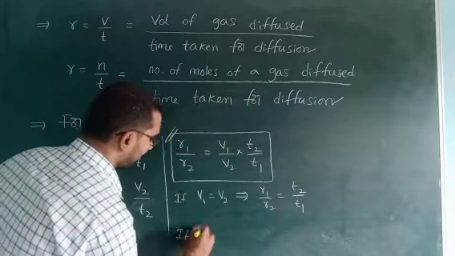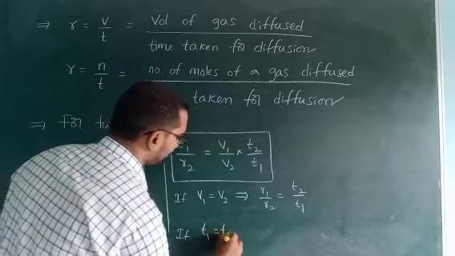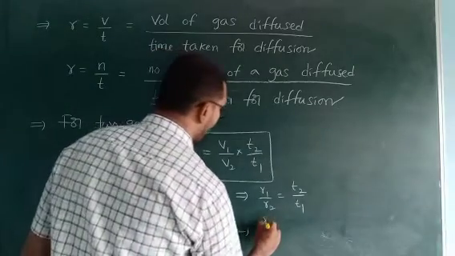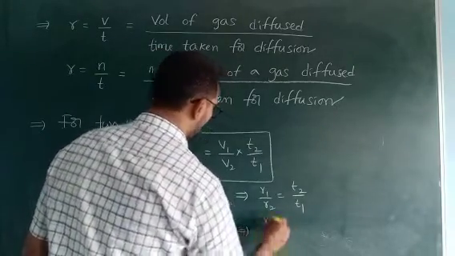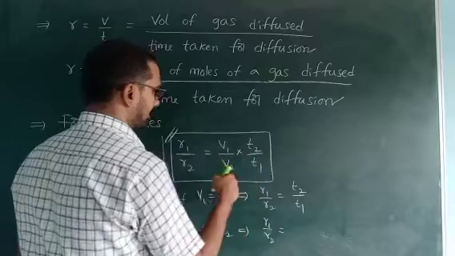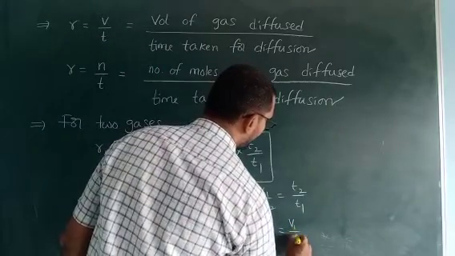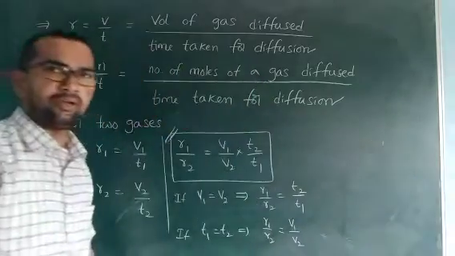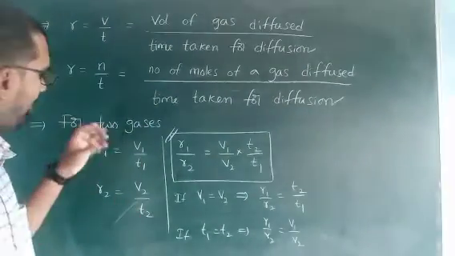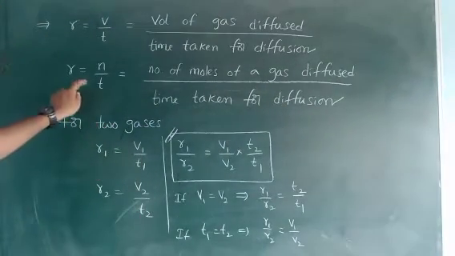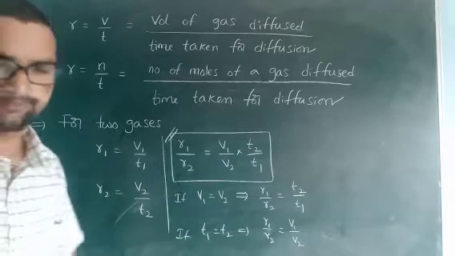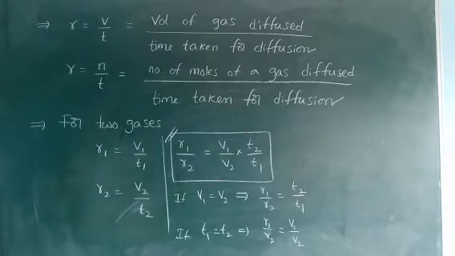If T1 is equal to T2, then R1 by R2, T1 and T2 are the same so both are cancelled. Then R1 by R2 is equal to V1 by V2. Same way we can apply this for the next one.